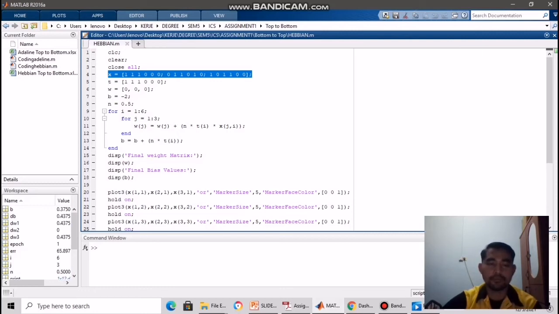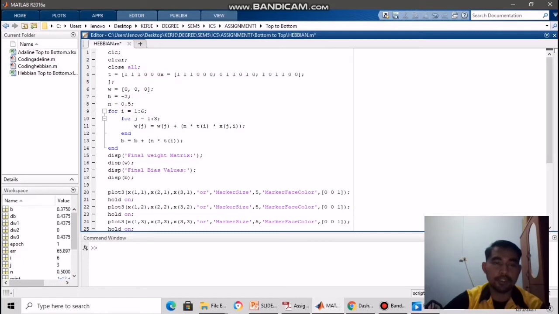So this is for x1 and x2, and the last one is x3, where for our target we also put the training sequence from bottom to top. And this is our target.